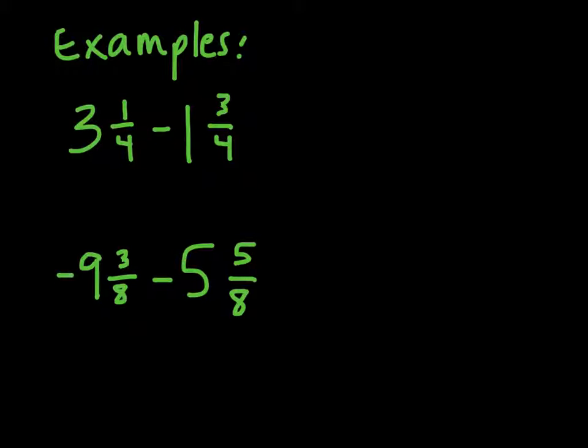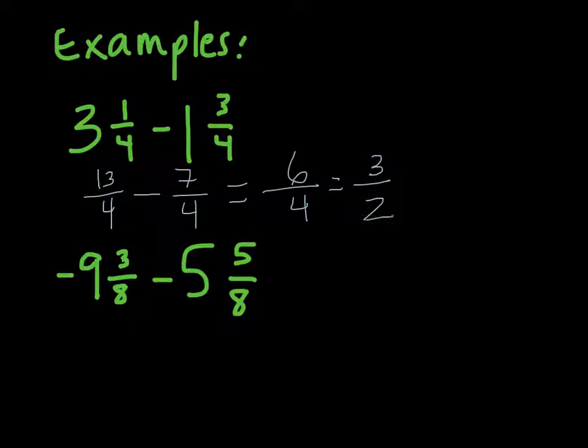Let's look at some examples. 3 and 1/4 minus 1 and 3/4. I'm going to change to improper fractions, and then I'm ready to subtract. Subtract my numerators, keep my denominators, and simplify. I can leave it as 3/2, or I can change it to 1 and 1/2.